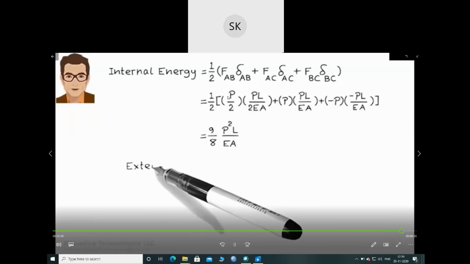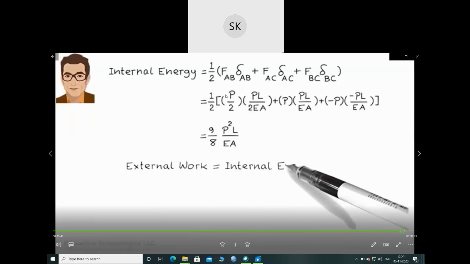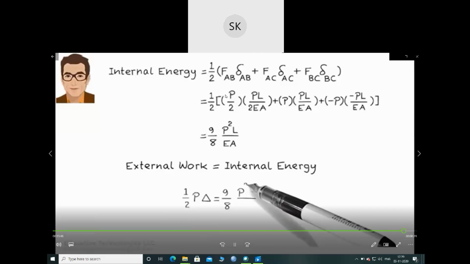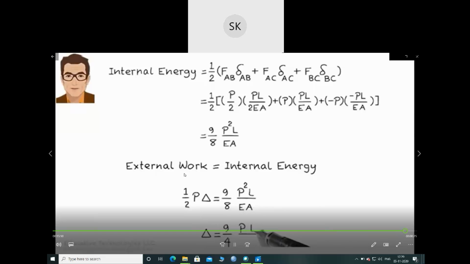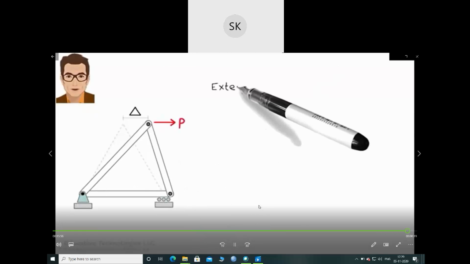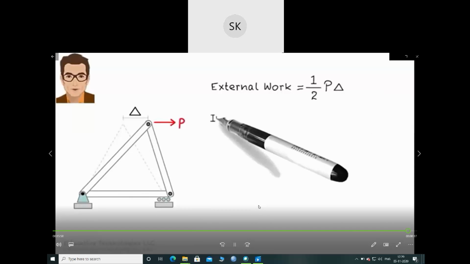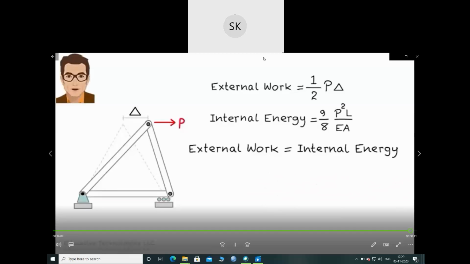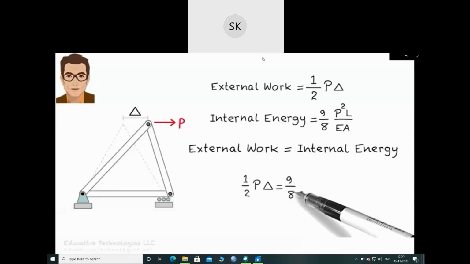Equating the external work to the internal energy, we get half P delta. Solving for delta, your delta will be 9/4 PL over EA. Now we know a thing or two about formulating external work and internal energy expressions for trusses, and how to use the work energy principle to calculate truss deflections.